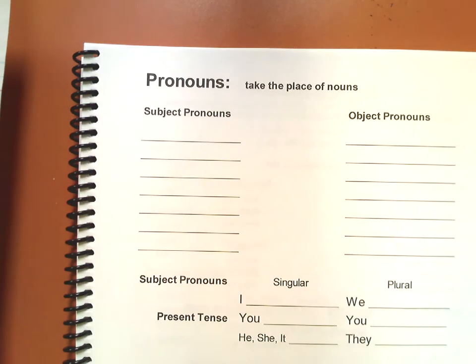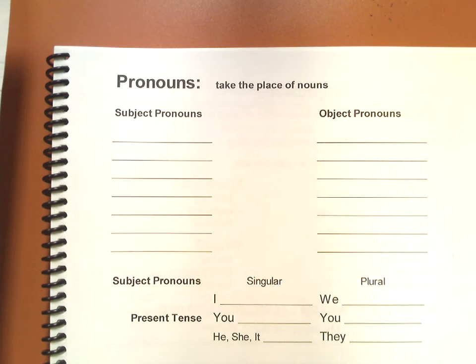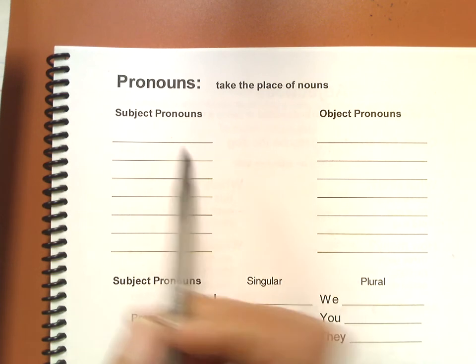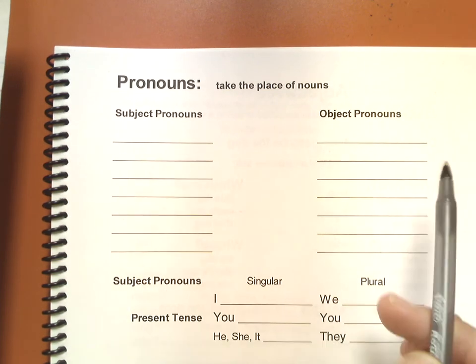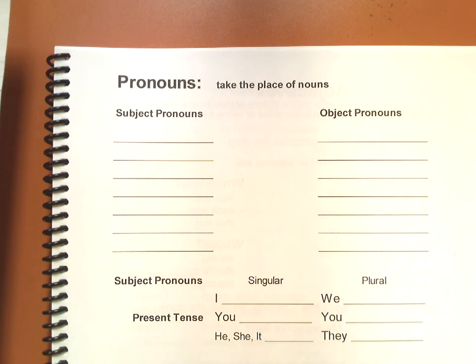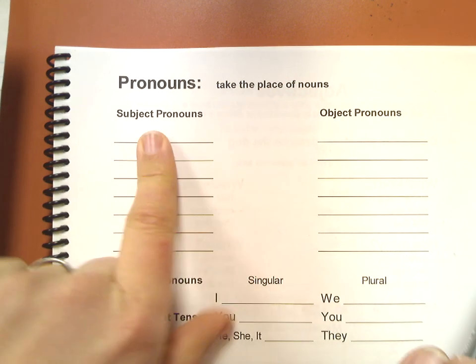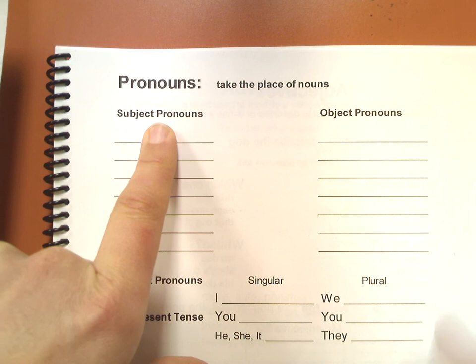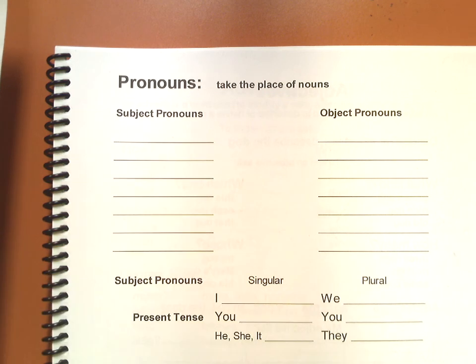All right. And let's go ahead and write, we haven't talked about this really. We have different kinds of pronouns. All we need to know for now is they would be a subject pronoun.